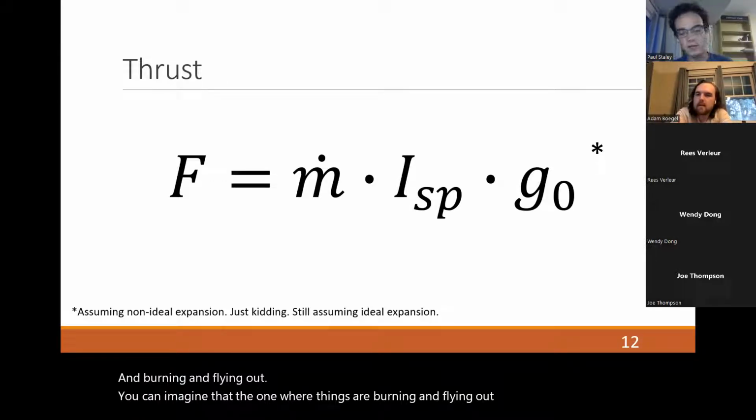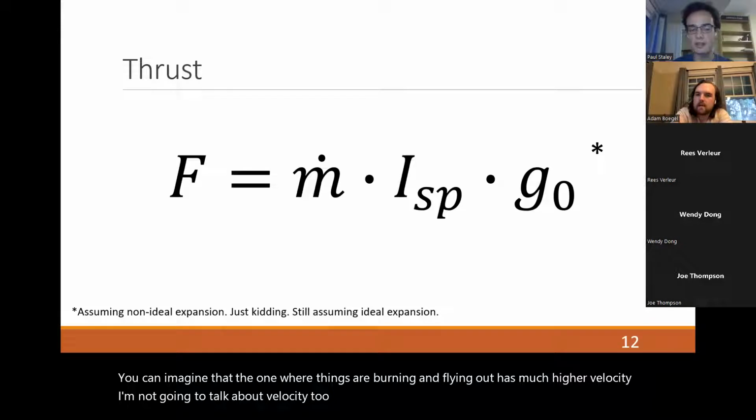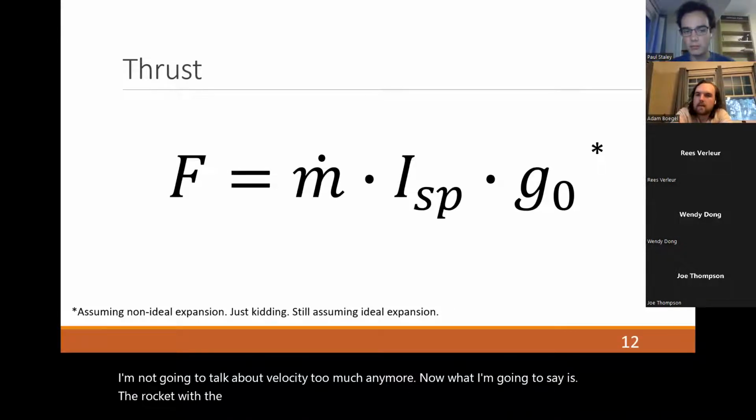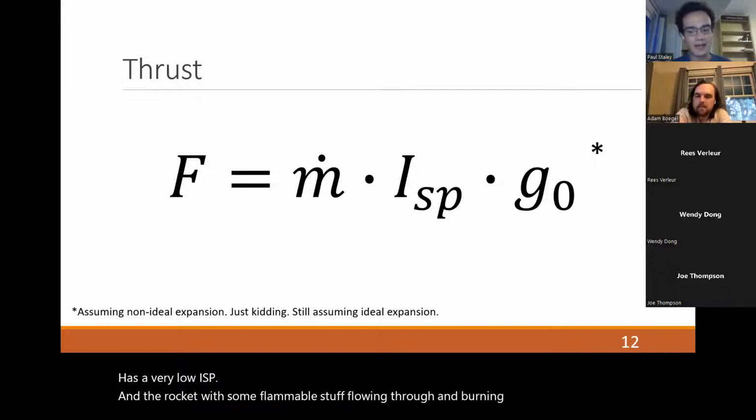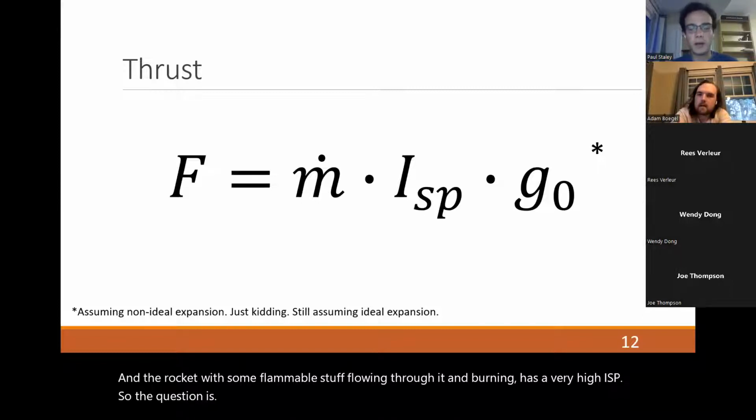I'm not going to talk about velocity too much anymore. Now what I'm going to say is the rocket with the water flowing through it has a very low ISP. And the rocket with some flammable stuff flowing through it and burning has a very high ISP. So the question is, what are propellants for?